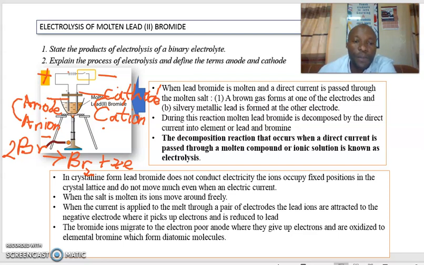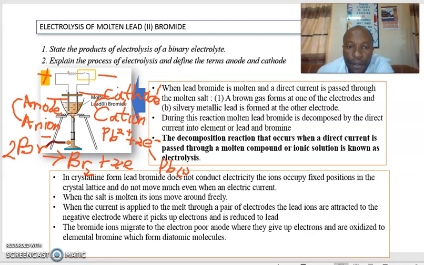At the cathode, the lead ions, which have a charge of 2 positive, pick up the two electrons, and at the end of the day you form lead metal, Pb.